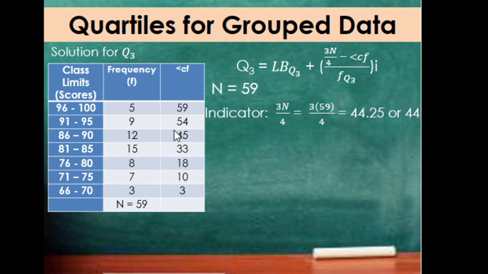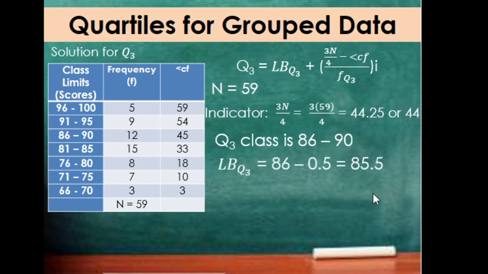Dito siya kabilang sa 34 to 45. Ibig sabihin, ang ating quartile class is 86 to 90. And ang ating lower boundary, 86 minus 0.5 is equal to 85.5.